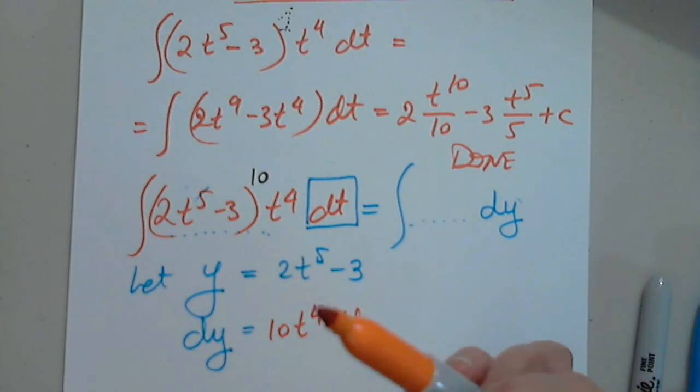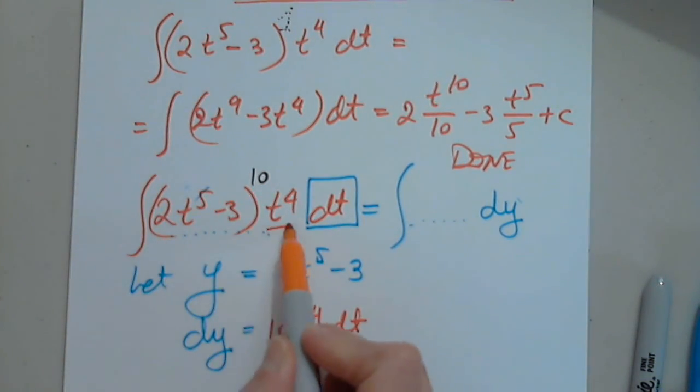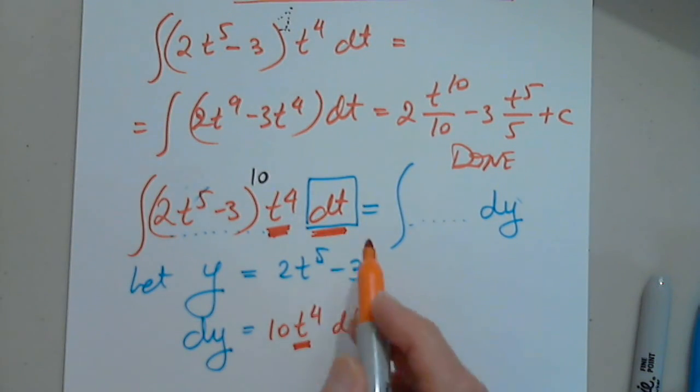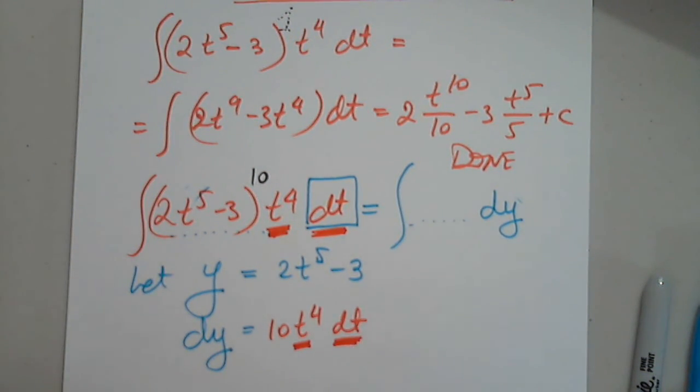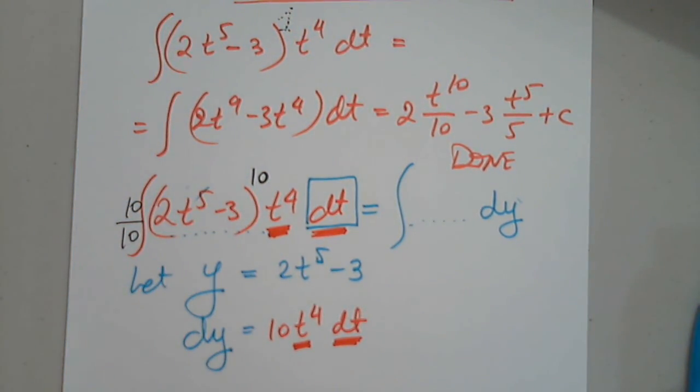So I'm going back to my integral, and I realize that I have this piece, and I also have this piece. The only thing I'm missing is this number, but that's very easy to make up. I'm going to multiply by 10 and divide by 10. That's nothing.